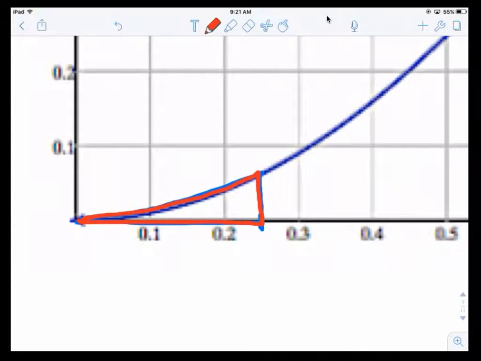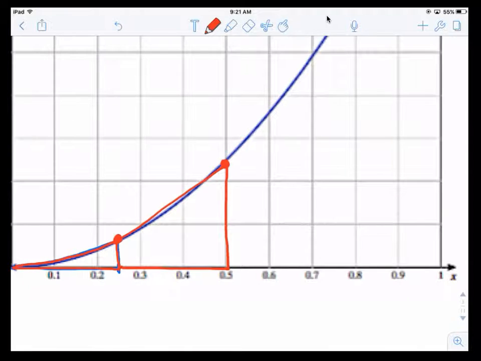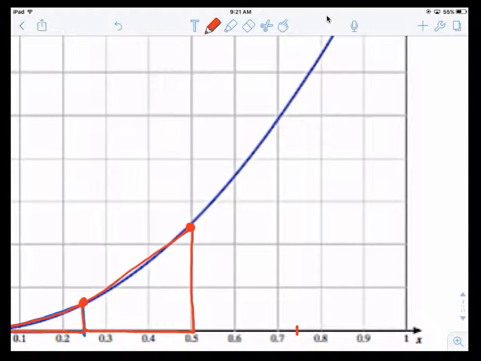We're at 0.25. So then my next one would be from 0.25 to 0.5. Right, so I'm going to draw a straight line kind of like that. I'm sorry? Yeah. So 0.5 to 0.75 would be my next one.